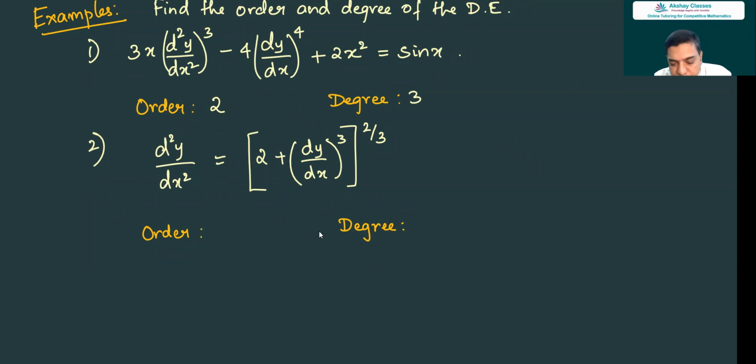What is the order and what is the degree? At least order. Degree we will see later. What is the order?